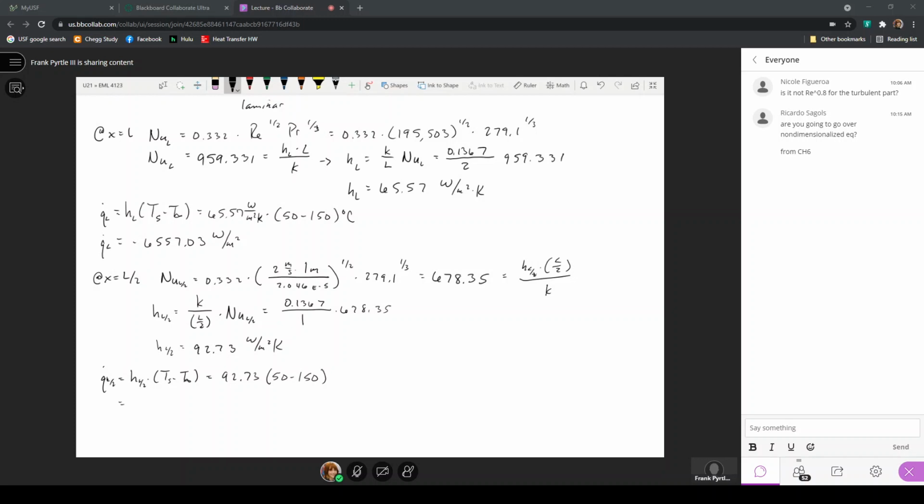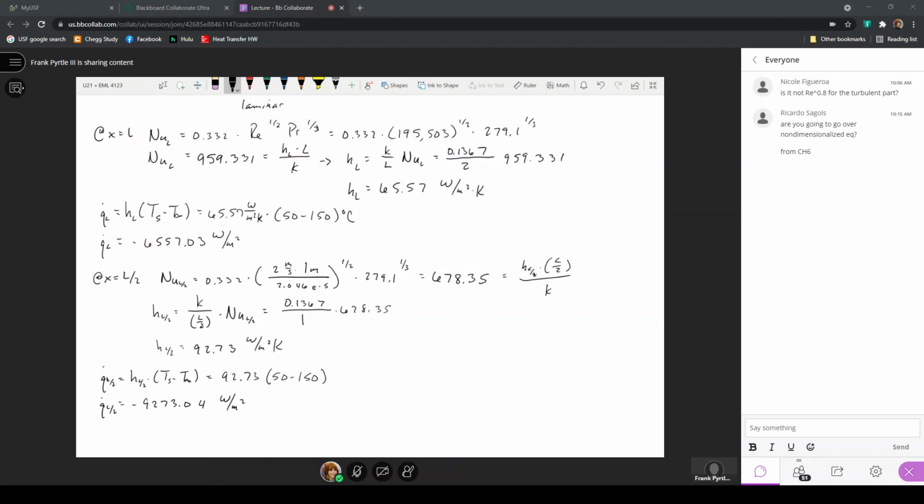So that this heat flux is minus 9,273.04 watts per meter squared. So those are local values of the heat transfer coefficient that are used to calculate local values of the heat fluxes at those same two positions.